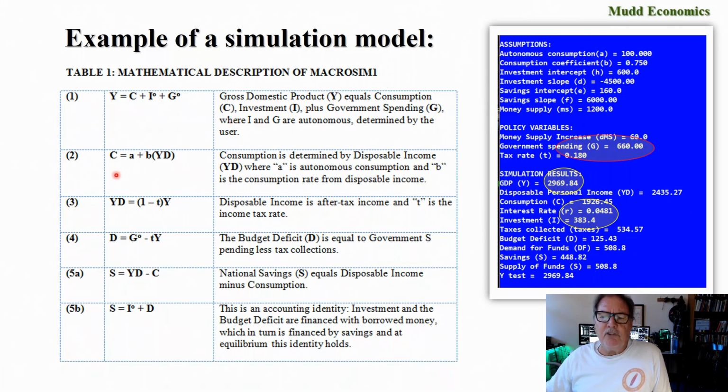Then we have a consumption function. That's a function of disposable income. Disposable income has a definition. We define a budget deficit in equation 4, and we define some savings identities in equation 5a and equation 5b. Again, I don't expect you to know this model now.